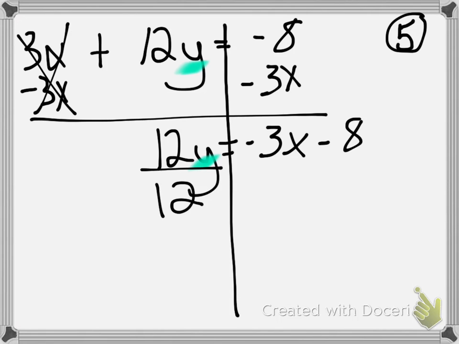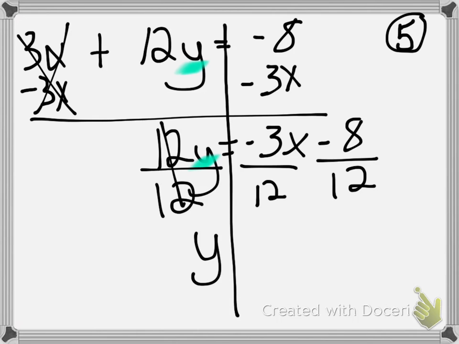So I'm going to divide by 12. Divide everything over here. Y equals negative 3 over 12. Yes, it does simplify to 1/4, and it is negative. X minus, this one is also going to simplify to 2/3. Because 4 goes into 8 twice, and 4 goes into 12 3 times. So negative 2/3.